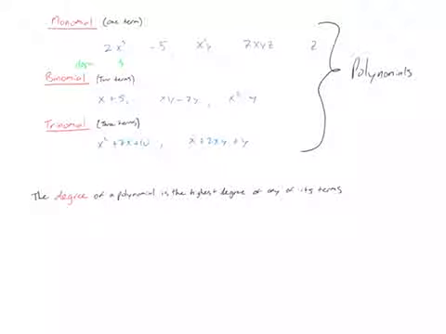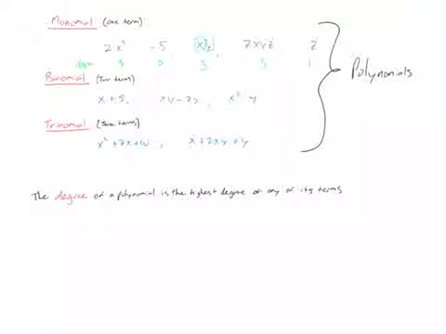Notice I have no variables in this one, so the degree is going to be 0. Now the degree of this part is 2, and the degree of this part is 1, so I just add those 2 together. So the degree of this one, again, is going to be 3. Each of the degrees in this next one is 1, 1, and 1, so the degree of this one is going to be 3. This one just has an exponent of 1, so the degree of this one is 1.